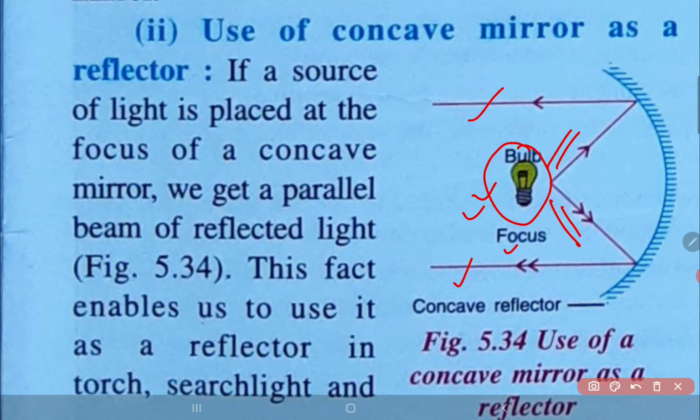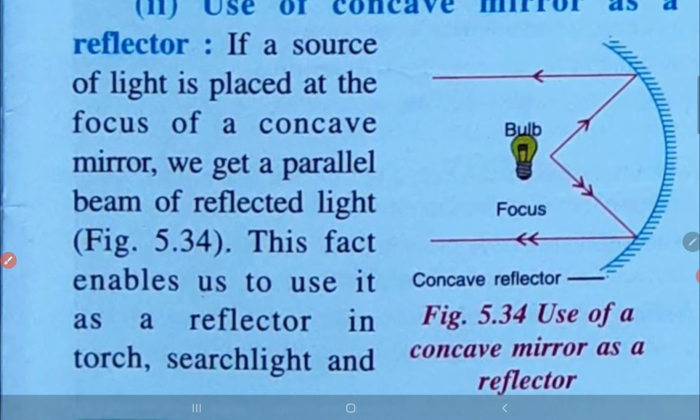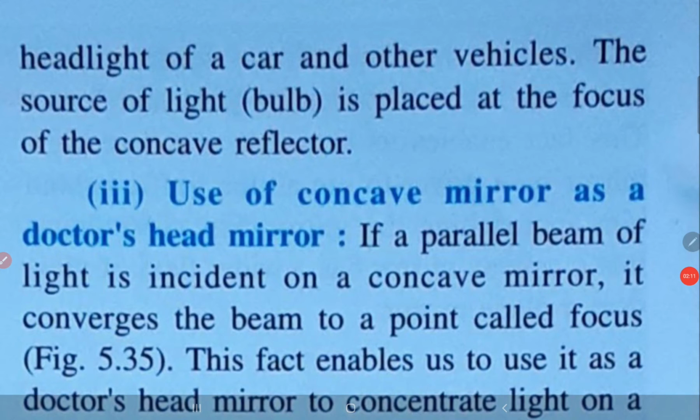So if a source of light is placed at the focus of a concave mirror, we get a parallel beam of reflected light. This fact enables us to use it as a reflector in a torch, searchlight and headlight of a car and other vehicles, where the source of light, the bulb, is placed at the focus of a concave reflector.